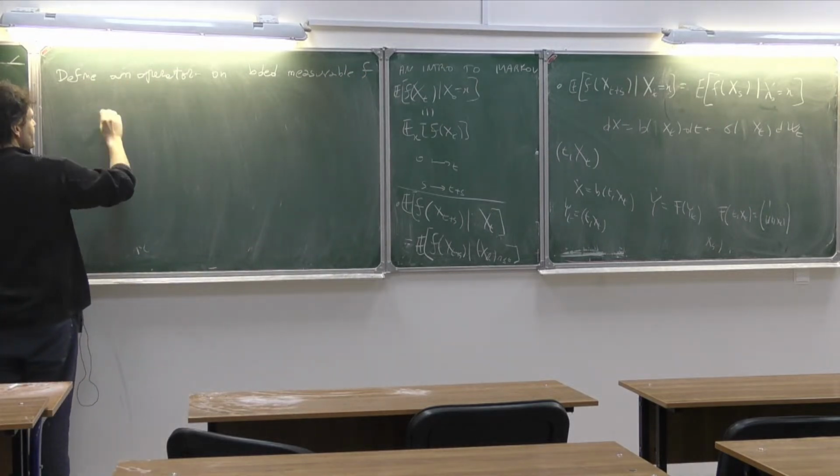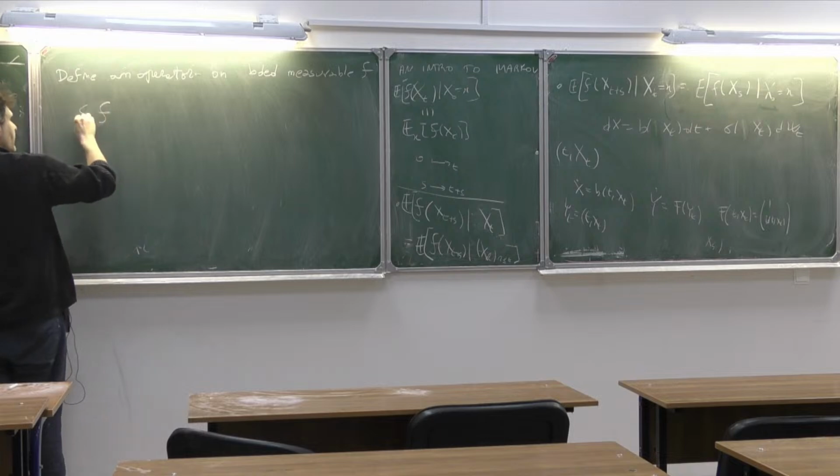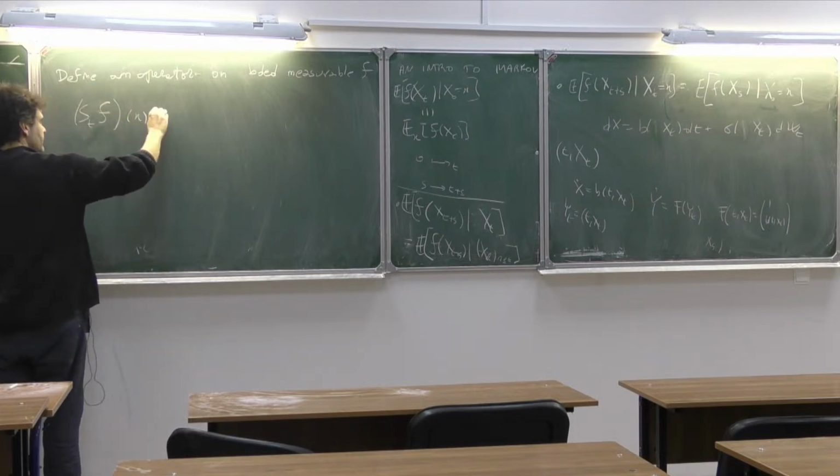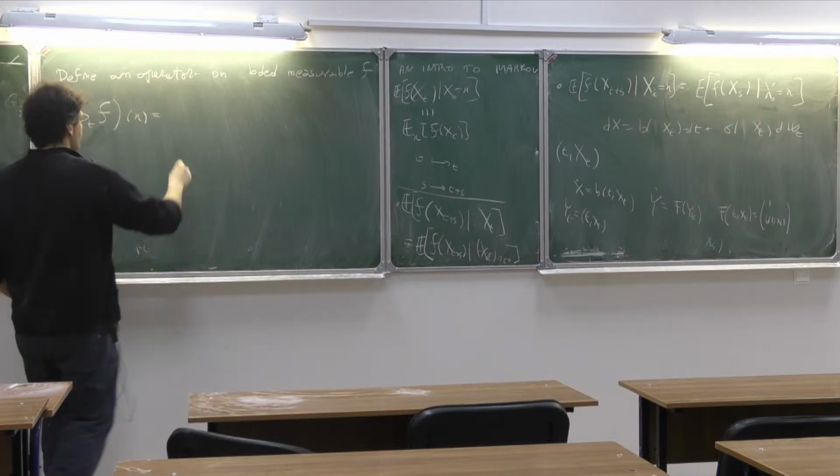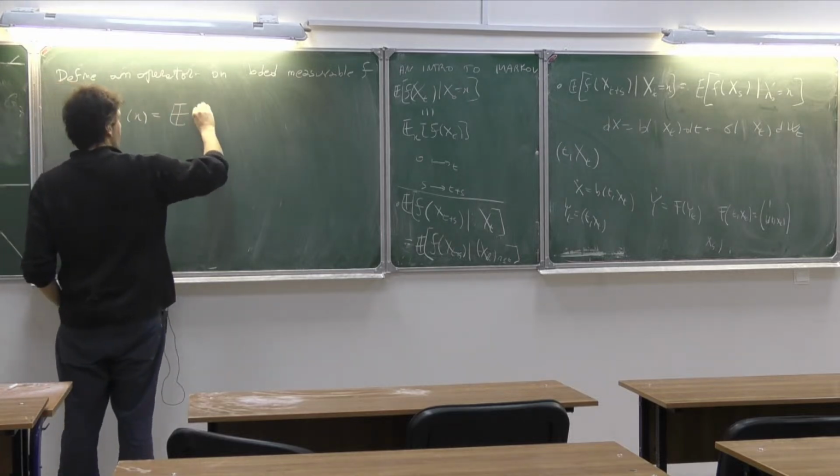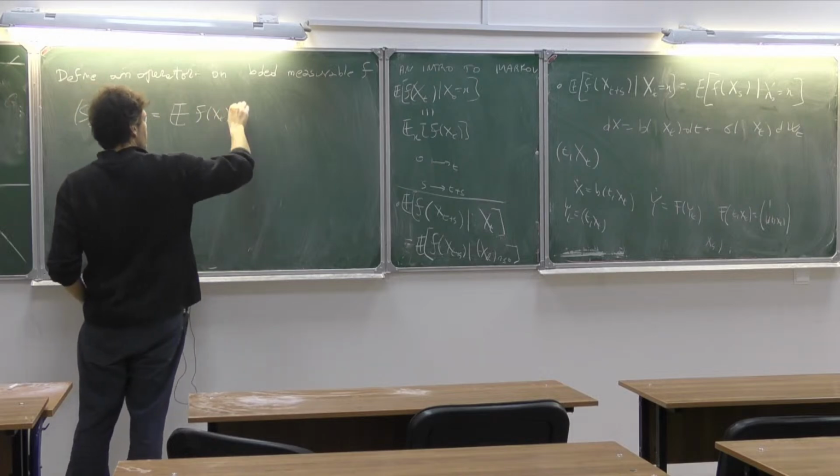So F is a bounded measurable function, and you can define a new measurable function, S_t F at x, which is just the expected value of F of x_t, knowing that x_0 is x.